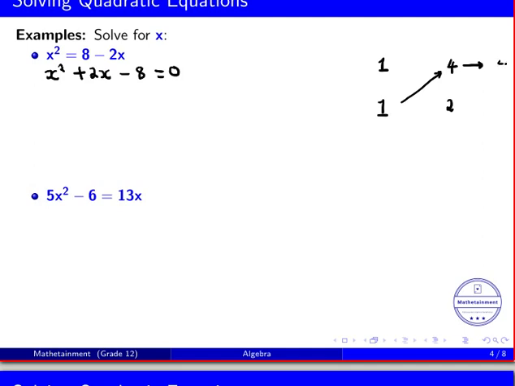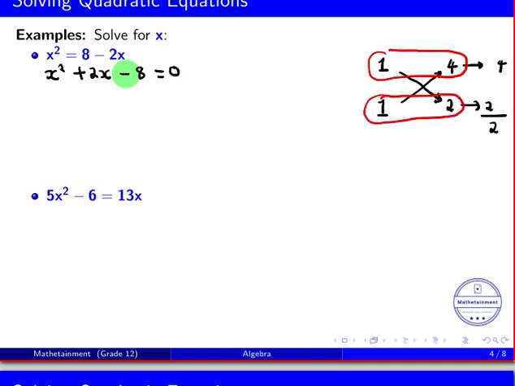1 times 4 is indeed 4. 1 times 2 is 2. And now, the sign that I'm going to highlight in green says that I need to subtract those products. 4 minus 2, I'm getting 2. So I'm collecting my factors. Now my factors are like this. 1 goes with 4 and 1 goes with 2.